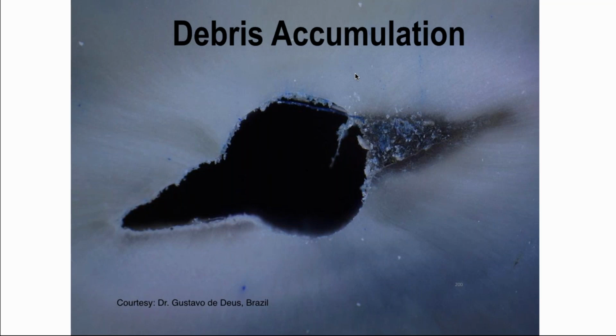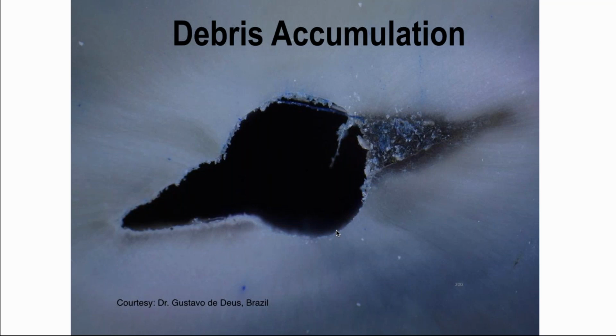And what happens is the debris goes apically, and we try to avoid that. The debris goes coronally, and we're very happy about that. But also the debris goes into the irregularities in the non-round part of the canal. So actually what the file does is it encloses itself into a round shape by packing debris into all the non-round parts of the canal.